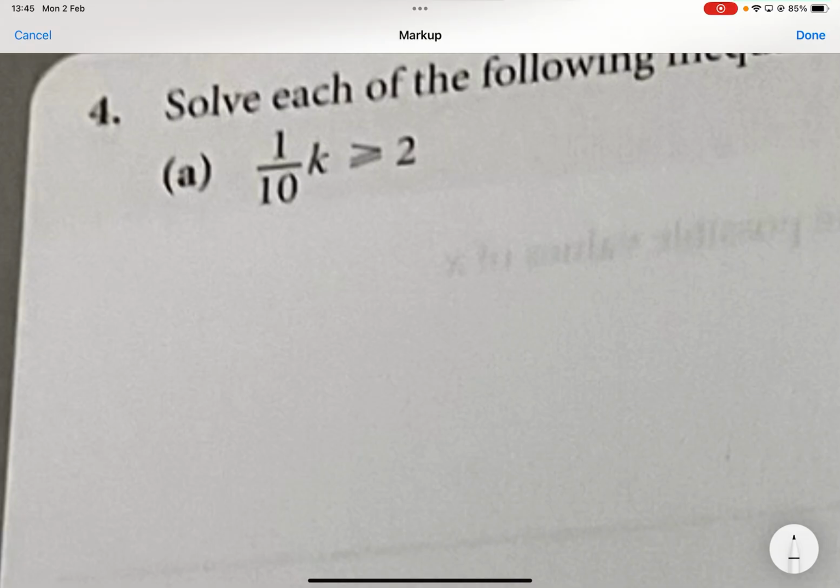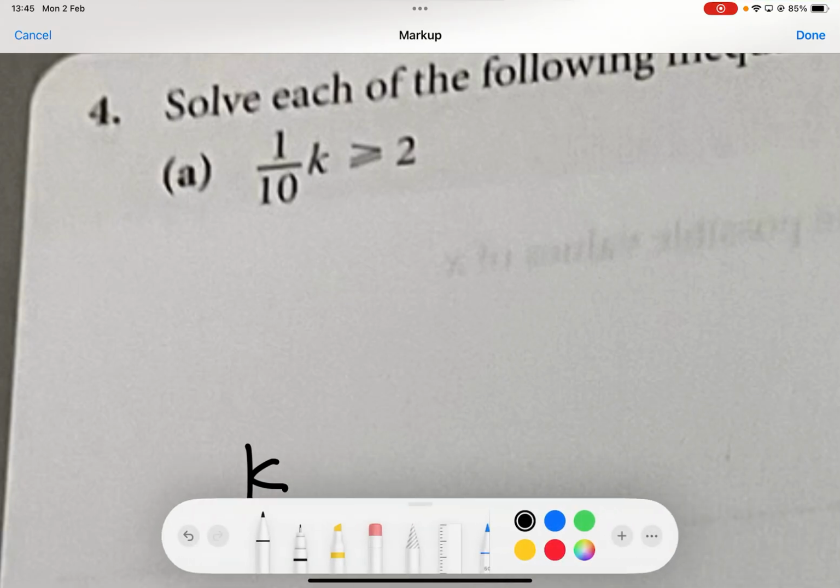Okay. So when I'm solving, I don't want k over 10. I want 1k. So from this to become 1k, I need to multiply 10, so that my 10 can cancel away this denominator, I will get to 1k. But because I multiply 10, I need to multiply 10 at the same time to the right. That is how I solve equation. So how I solve equation is exactly how I solve inequality.